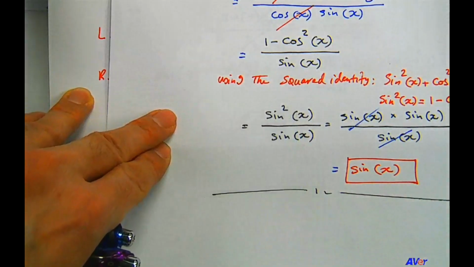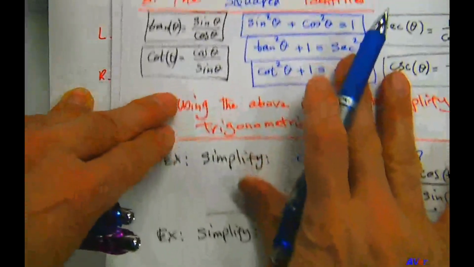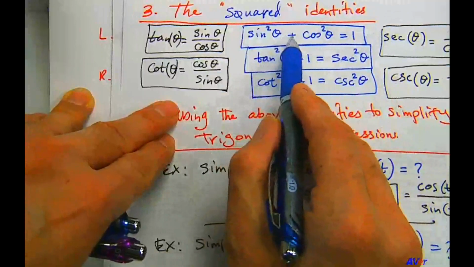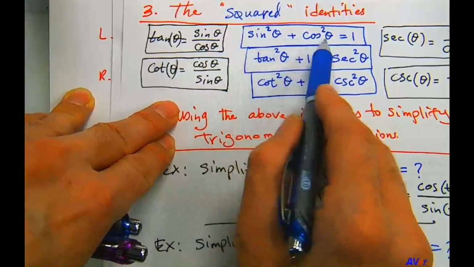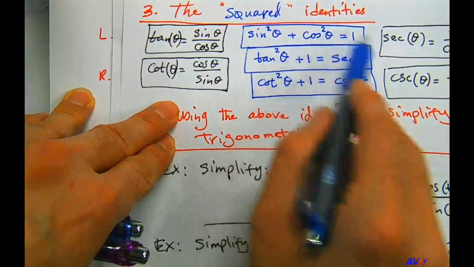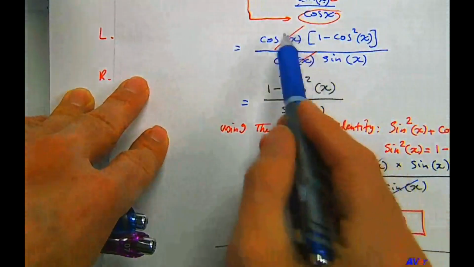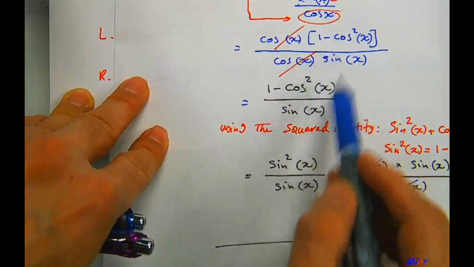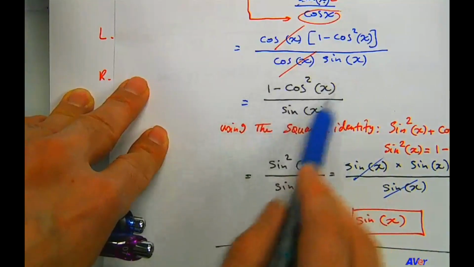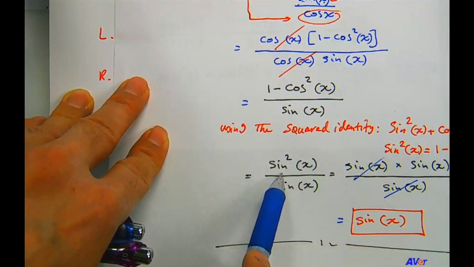This is based on this identity. If you algebraically move cosine squared theta to the other side, you'll get 1 minus this on the other side, which is equal to sine squared theta. That's what we did for this one.